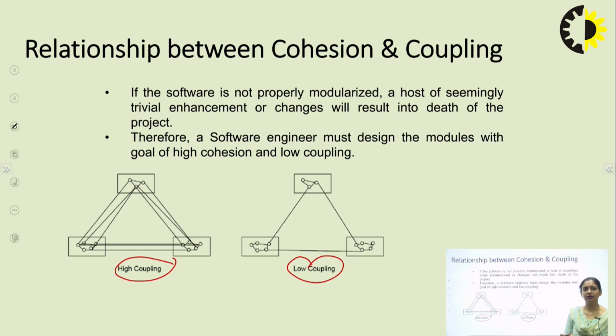If that is not the case, then whatever maintenance we are doing or whatever bug finding we are doing, any changes made in the software can result in the crashing of the software. So we should always go with higher cohesion and lower coupling, and not with higher coupling or lower cohesion.